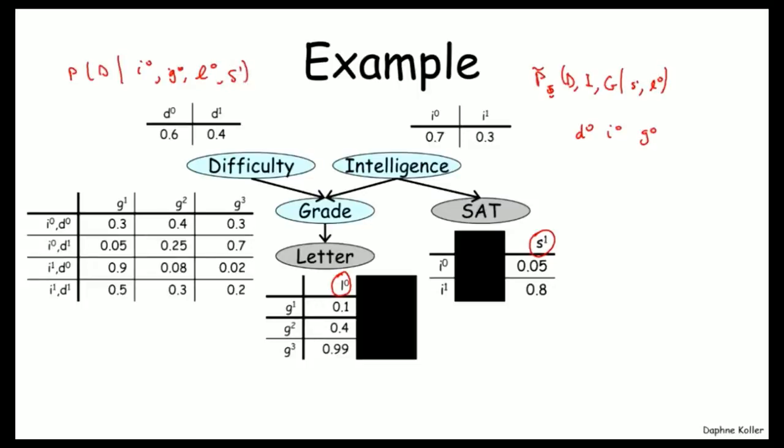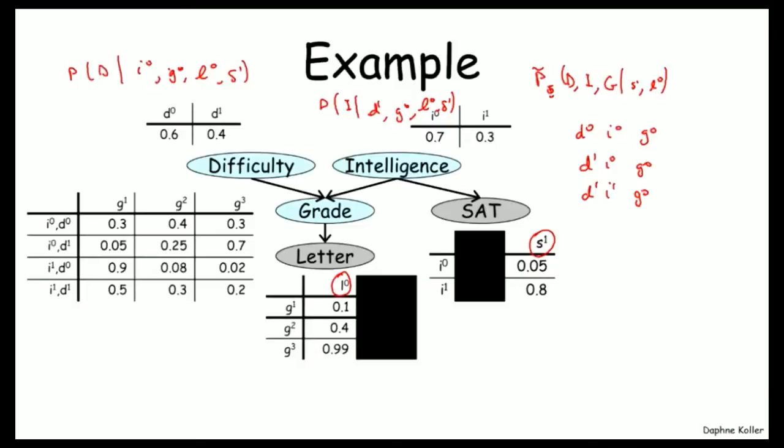And we'll talk about how that's done in just a moment. And that might give me D1, I0, G0. And now I continue and I might sample I. So I'm going to sample I from the probability of I given D1, G0, L0, S1, and say I end up with I1.